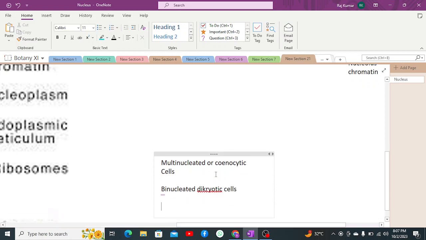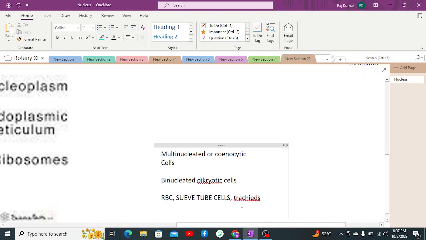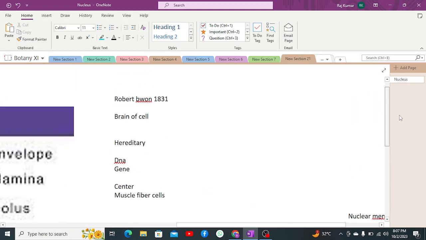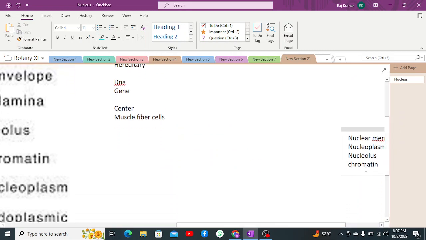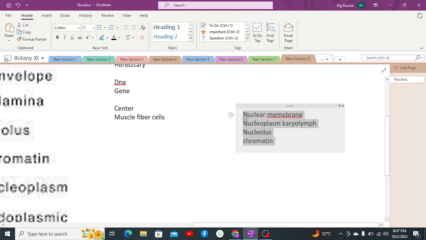Apart from which, there are some cells which do not have a nucleus at all, such as RBCs, as well as sieve tube cells in plants, and xylem tracheates. These are some examples. Mononucleated cells are present in wide amount in our body.